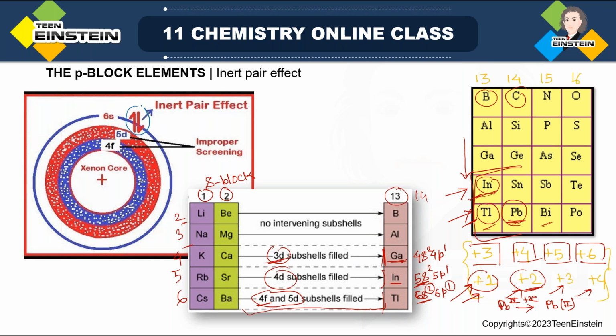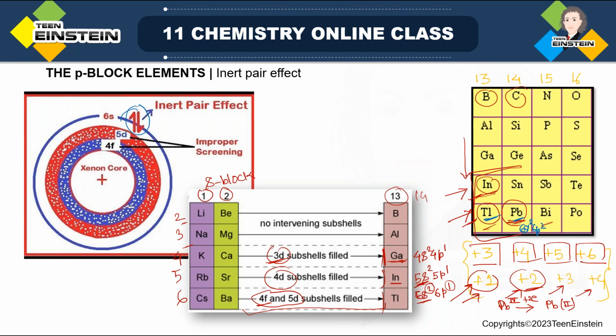So these are the 6s electrons, and you can consider it for TL or lead or whatever. When you are considering lead, it will be 6s2 6p2. For bismuth it will be 6s2 6p3. But whatever it is, 6s2 is always there, whether you have TL, Pb, Bi or polonium, right?